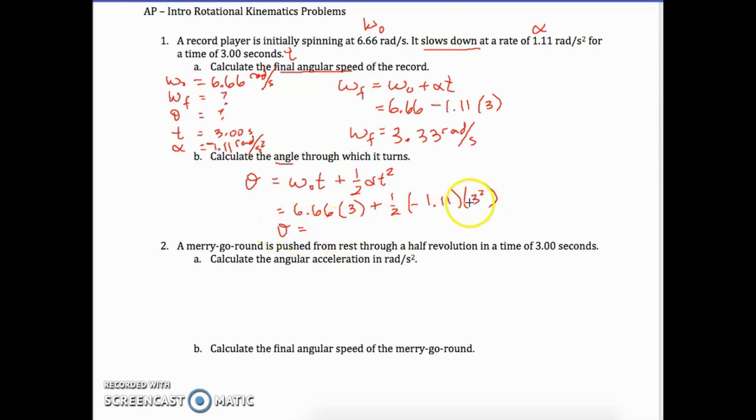And make sure you square before you multiply. And we end up with 15.0 radians. Notice that our units here, we need to have radians per second and radians per second squared and seconds. All of our units need to agree with each other.